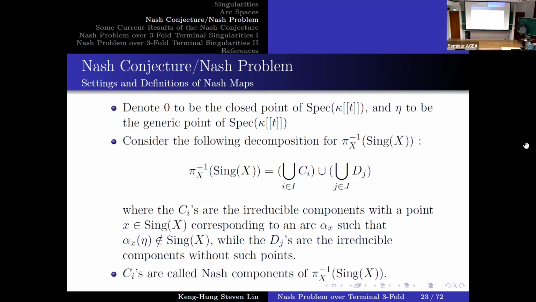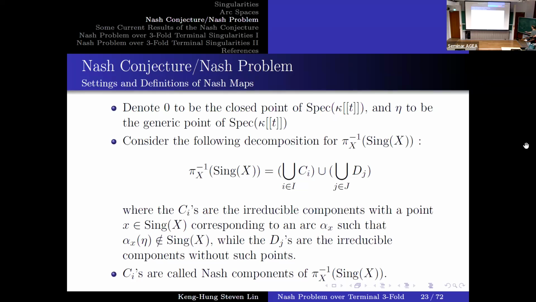So it means that if you consider the red part of this picture, it can be decomposed into this kind of C1 union C2 union up to Cn, maybe union D1 union D2 union up to Dl.